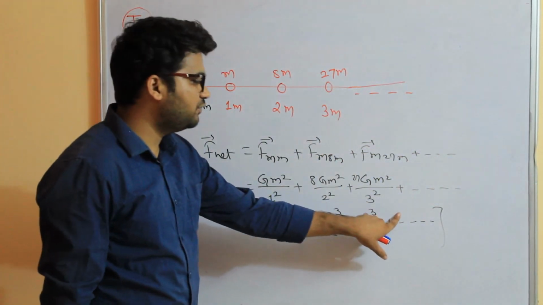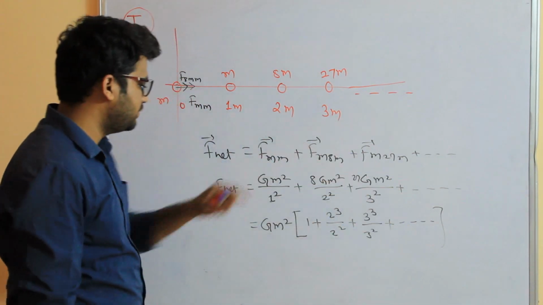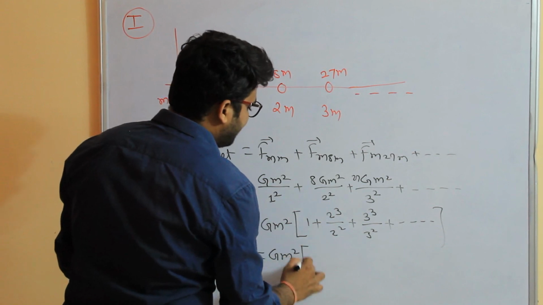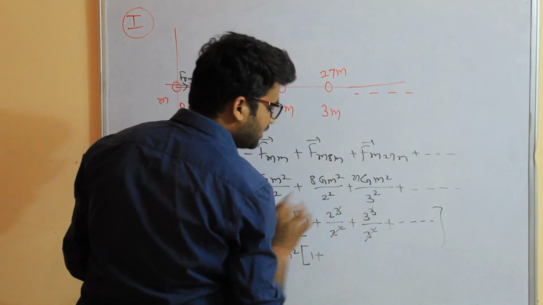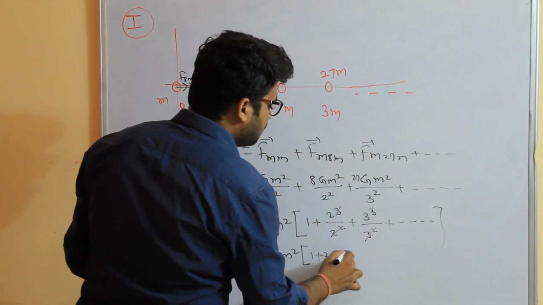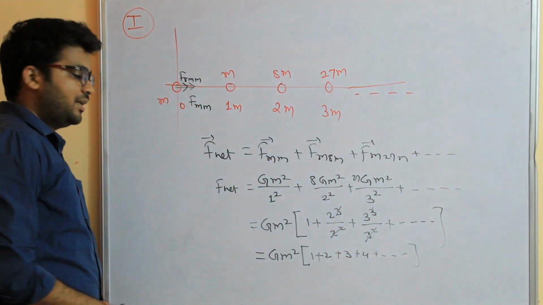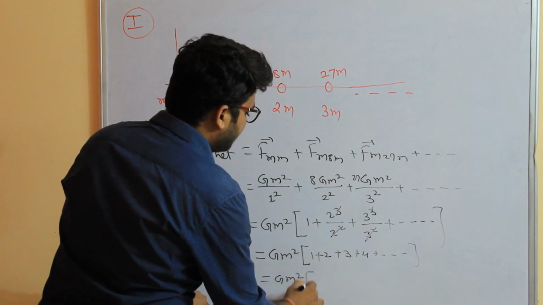So here we'll get 4 cube divided by 4 square, 5 cube divided by 5 square, and so on. Which is equal to Gm square in bracket 1 plus 2 plus 3 plus 4 and so on and so forth.